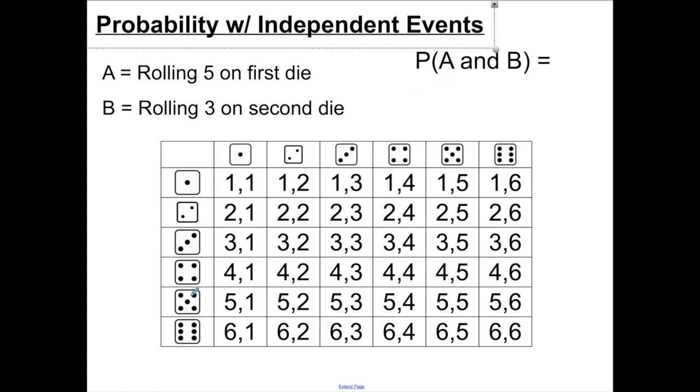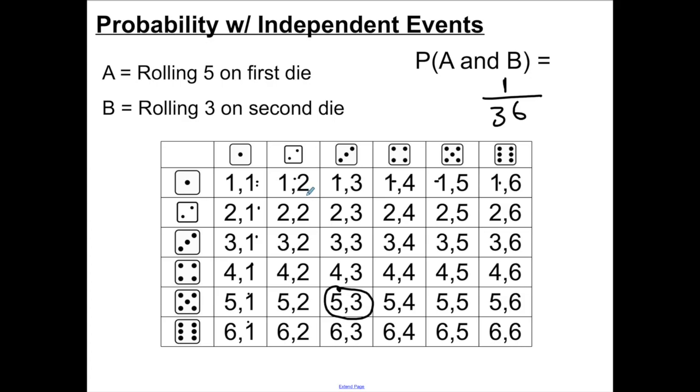Well, this is a table of all possible combinations. You can see there's only one where we roll 5 on the first and 3 on the second. So there's one combination that works.